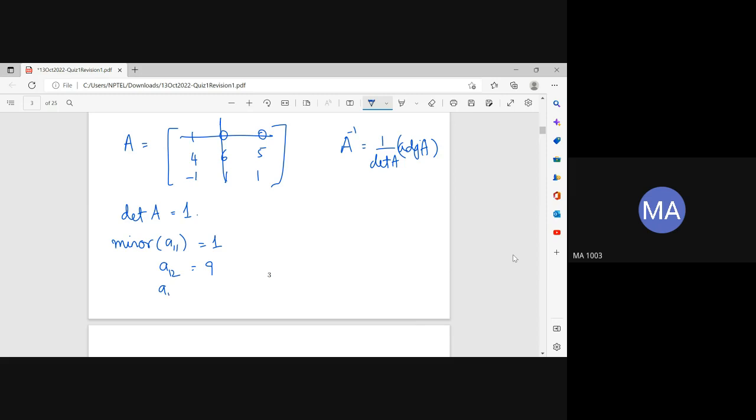A13? 10. Whoever said the minor of A12 is 0, is it clear why it is not 0? Yes, ma'am. You shouldn't multiply the element. You should just eliminate the row and column where it lies.